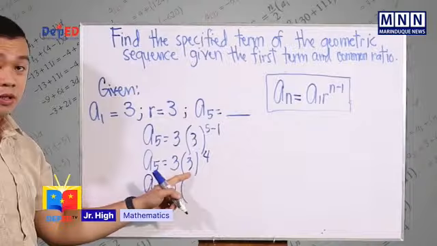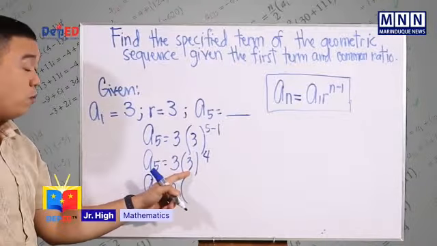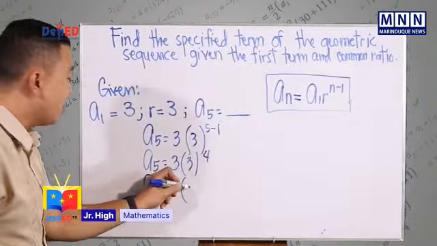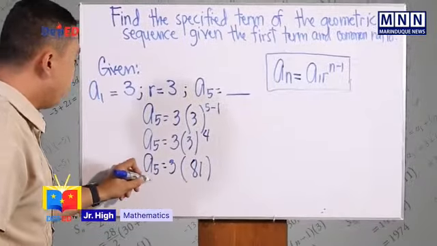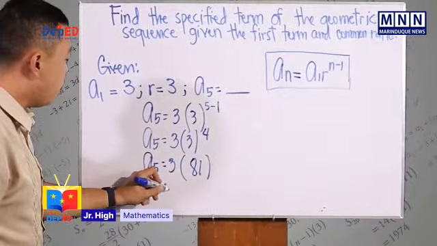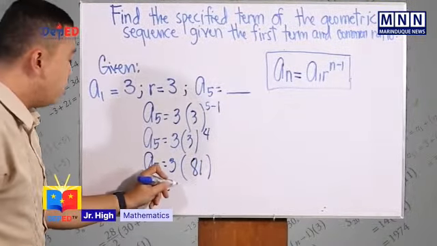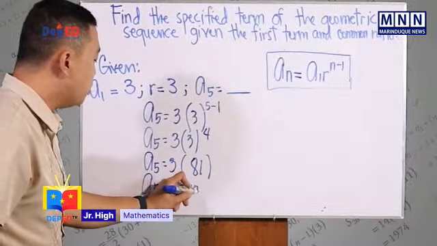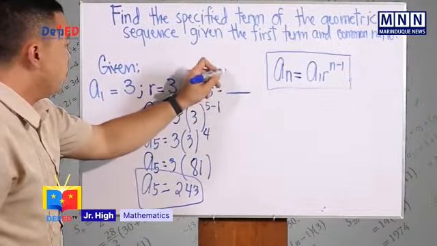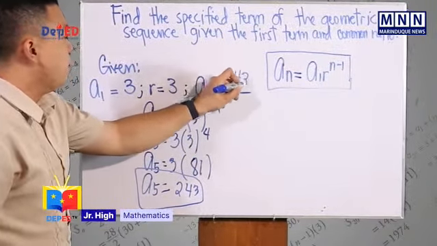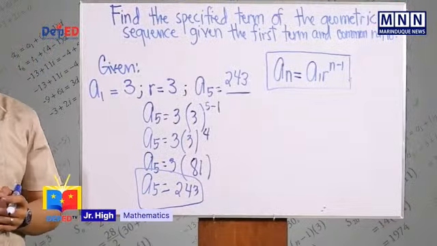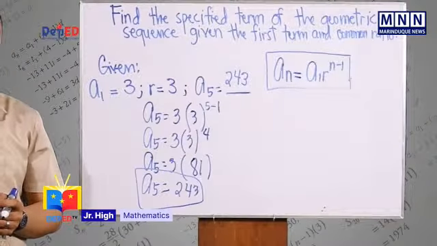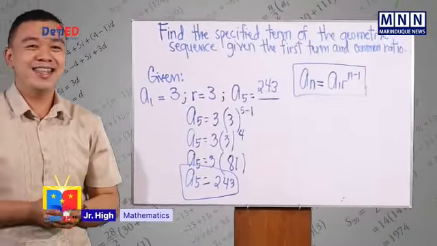That's 3 times 3 times 3 times 3 will give us, correct, 81. A sub 5 is equal to the product of 3 and 81, which will give us 243. Thus, the fifth term of the sequence is equal to 243.